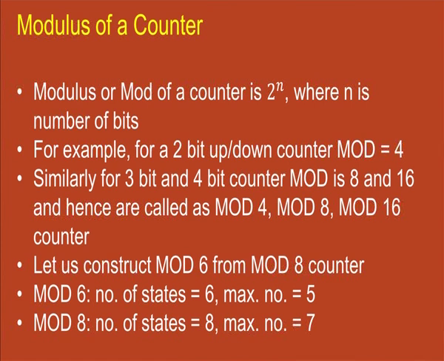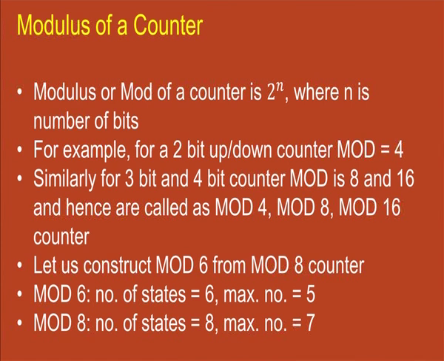So, in the similar way we can find out the modulus of a 3-bit or 4-bit counter is equal to 8 and 16 respectively, and hence they are called as mod 4, mod 8 and mod 16 counter respectively.